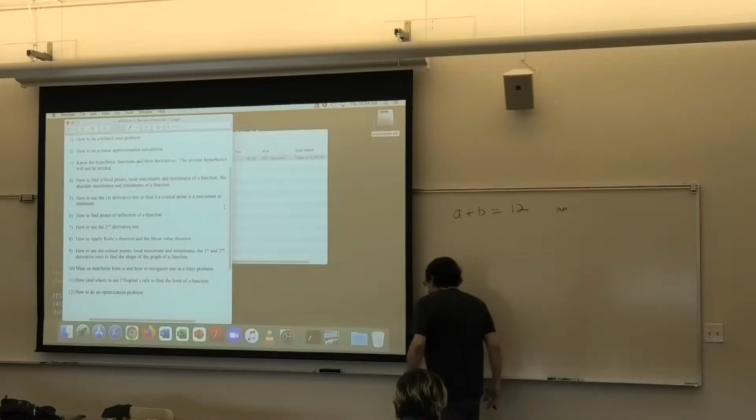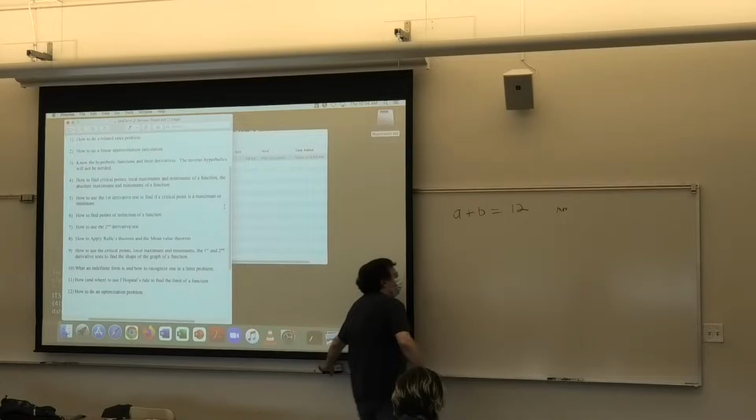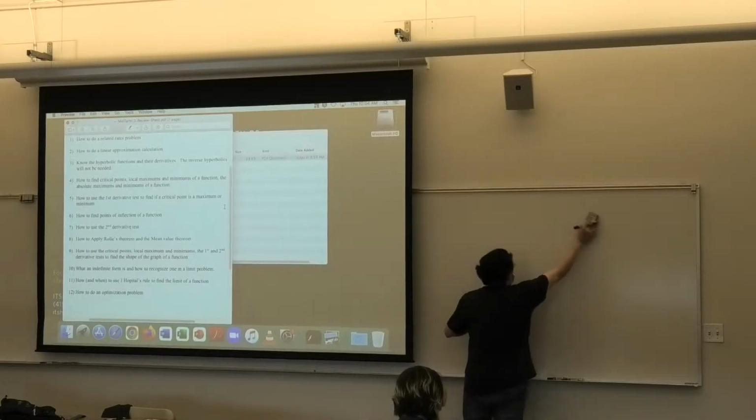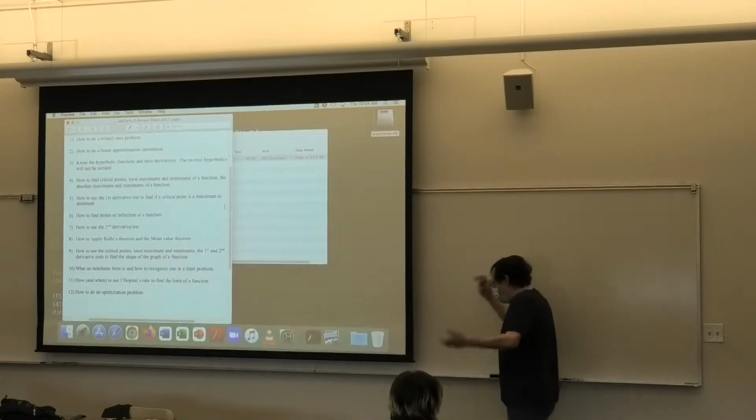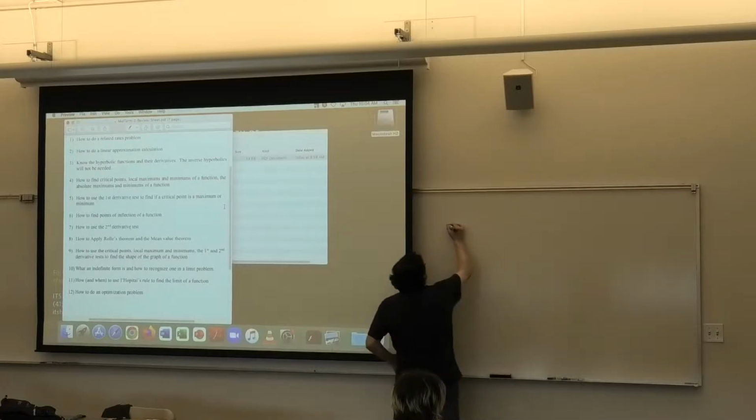This is not a related rate problem, this is an optimization problem. Related rate problem. Okay, I think I did a problem like this on an exam last semester.